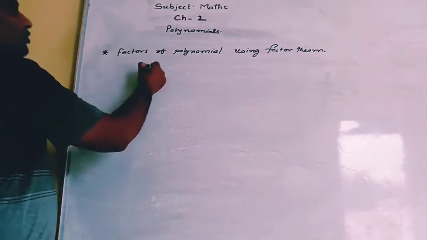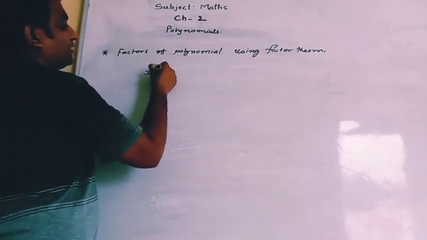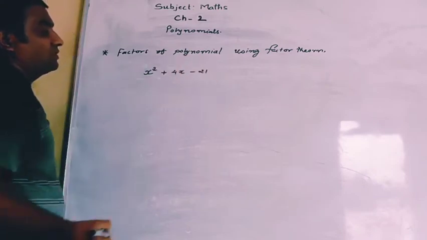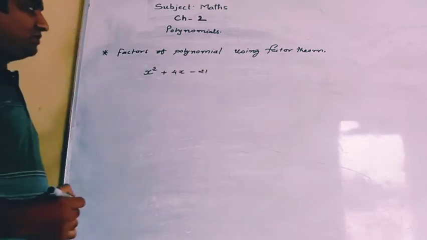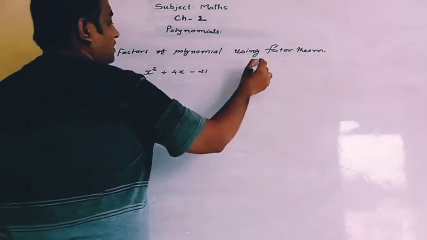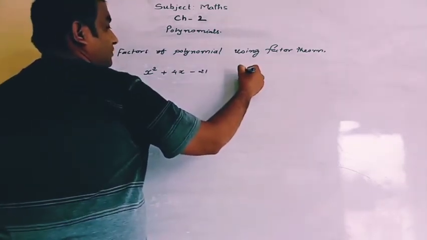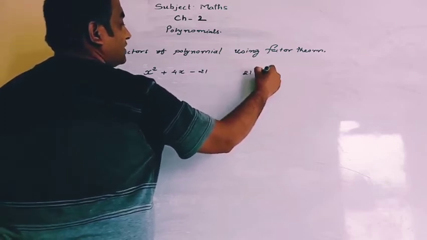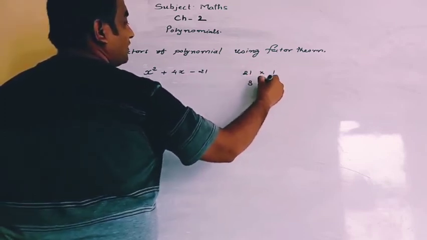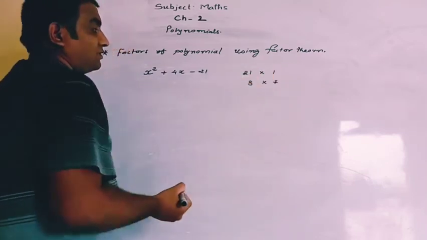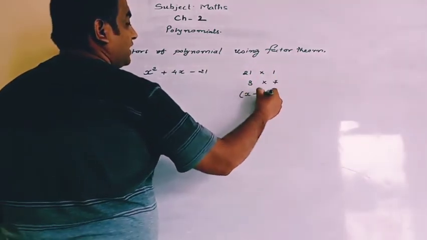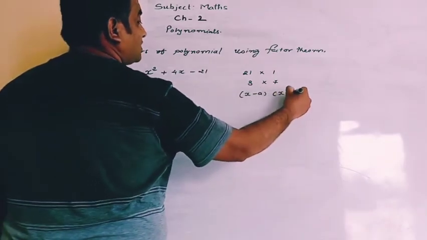Let's see one more example, x squared plus 4x minus 21. So here 21, its factors are 1 and 21, 3 and 7. Now here two factors are there, x minus a and x minus b.